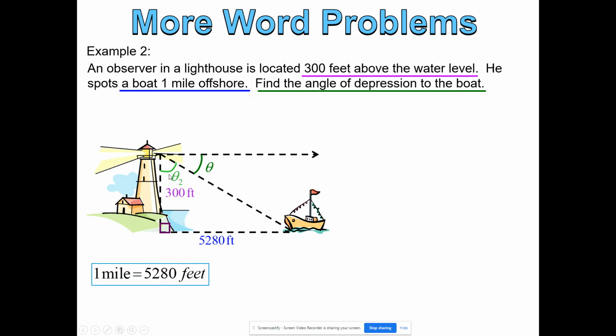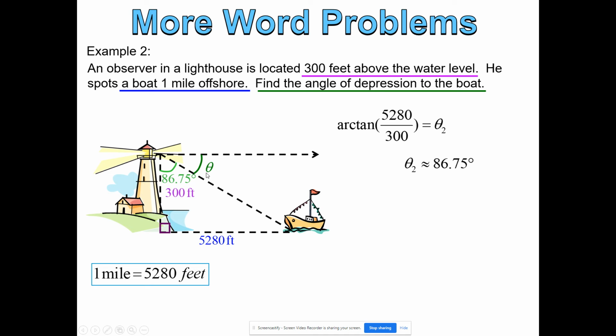Then we're trying to find this angle. We're given this part and that part of the triangle. Which parts are we given? We're given opposite and adjacent, which means we would use arc tangent, which gives us about 86.75 degrees. Again, I rounded to the hundredths; you can round to the tenths.